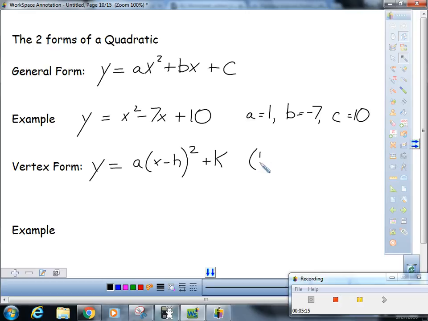The point h comma k is the vertex. So that can be very useful in a different way. If we have it in this form, we can easily identify what the vertex is. And the axis of symmetry is the line x equals h. That is the axis of symmetry. Okay?